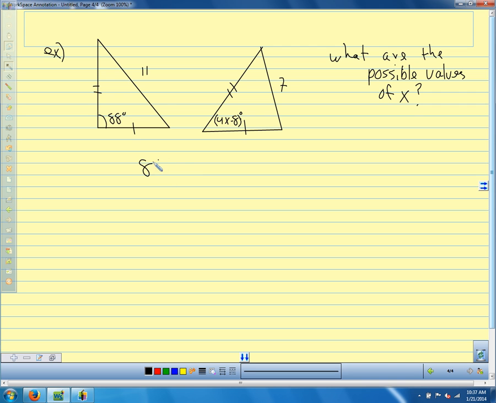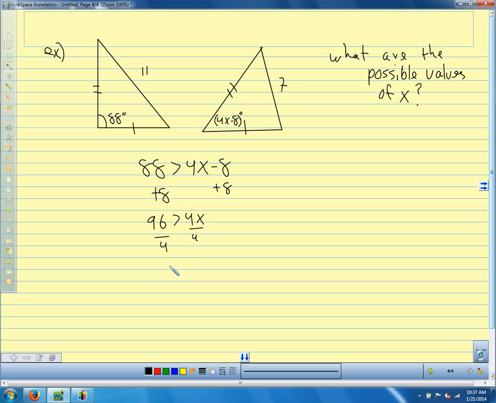We know that 88 has to be greater than 4x minus 8 because this side is larger than this side. This angle has to be bigger. So I'm going to add 8 to both sides. I want to get x by itself. 96 is bigger than 4x.